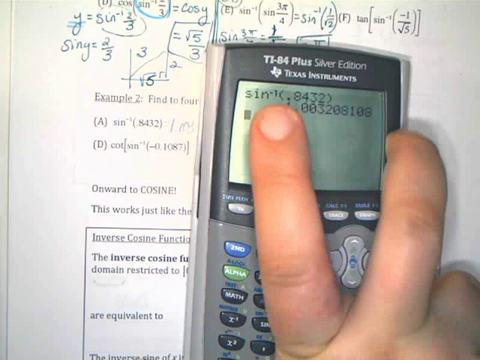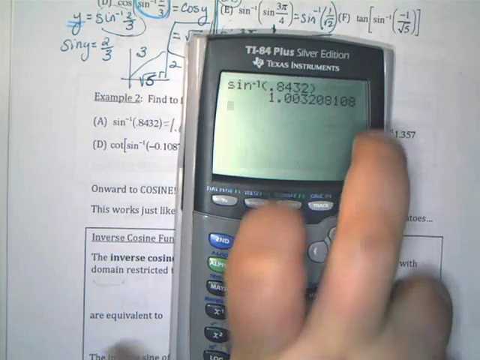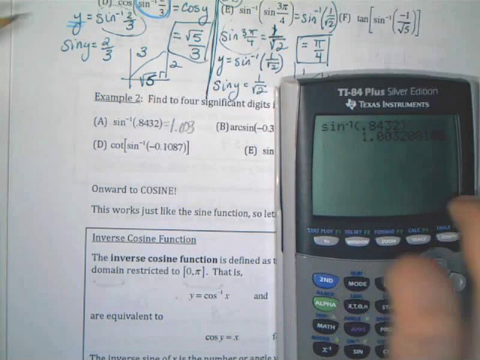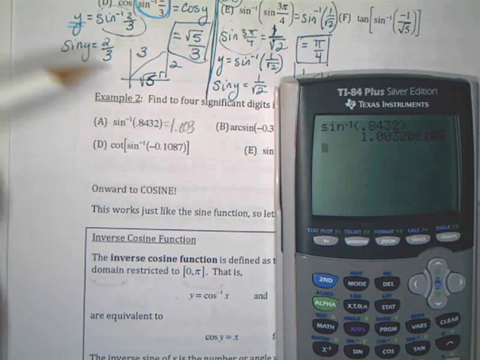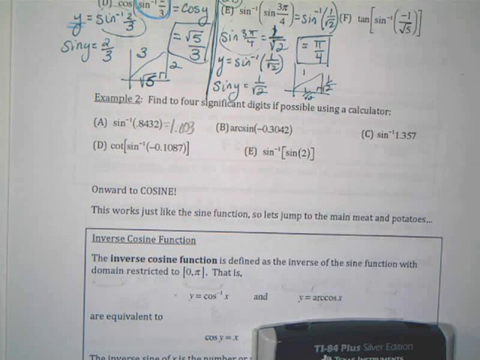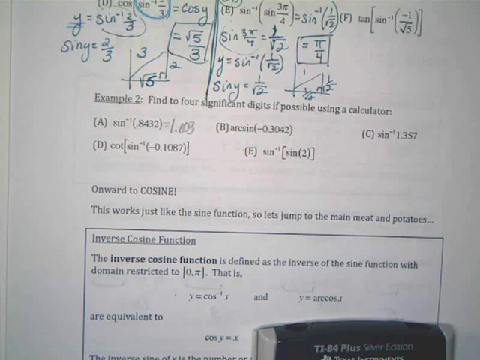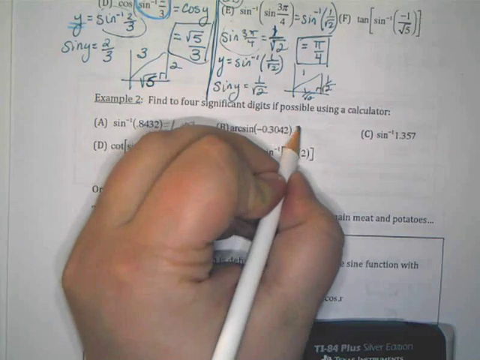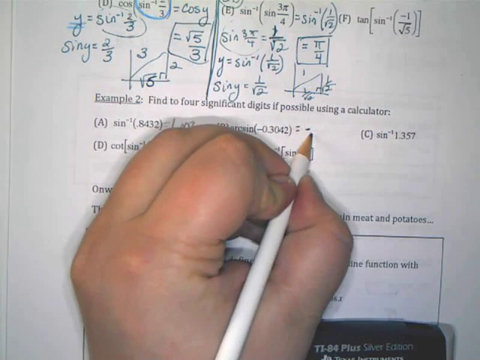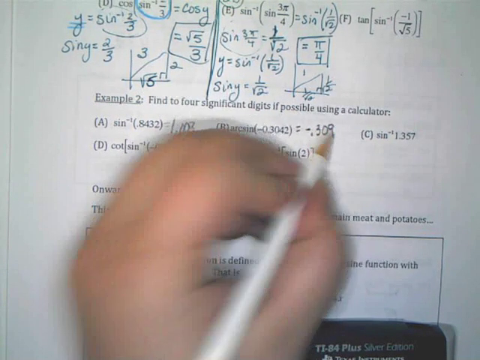Okay, all right, sounds good. It says arcsine. What do I do? Oh, it's just the inverse. Okay, so inverse sine of negative 0.3042. Hopefully you got negative 0.309.